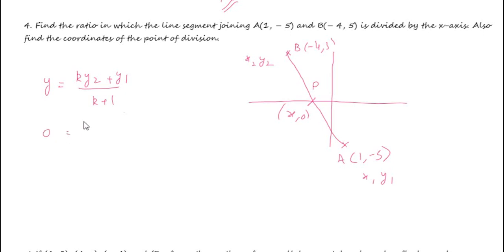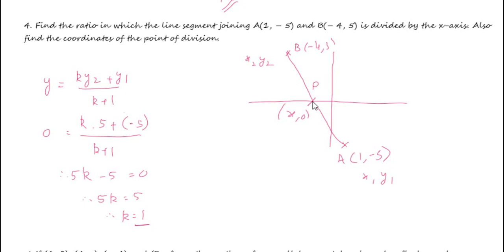So 0 equal to k into y2, y2 here is 5, plus y1, y1 is minus 5, divided by k plus 1. If I cross multiply, this becomes 0. Therefore, this is 5k minus 5 equal to 0. Therefore, 5k equal to 5. Therefore, k equal to 1.